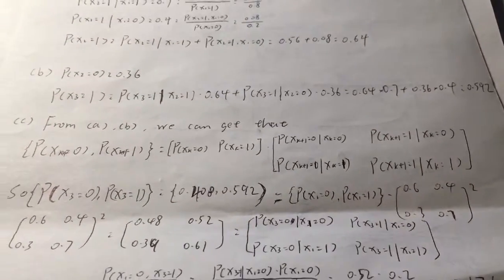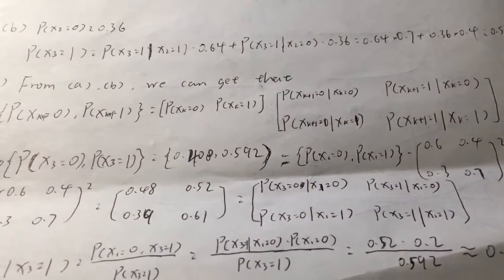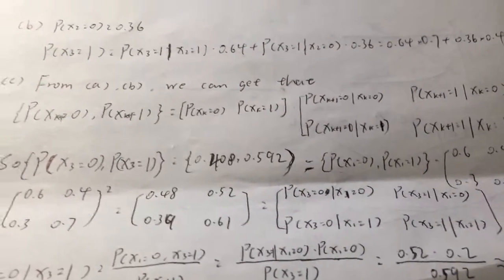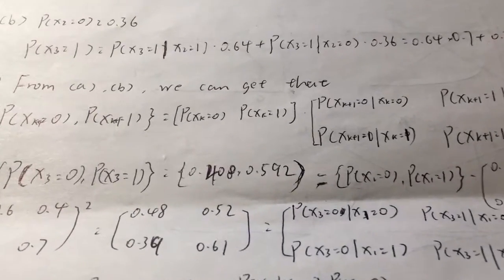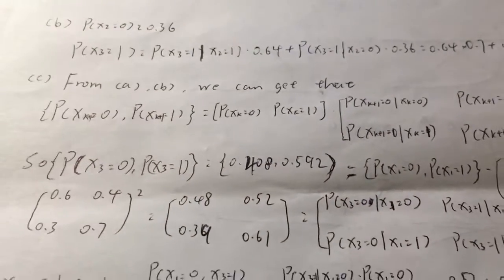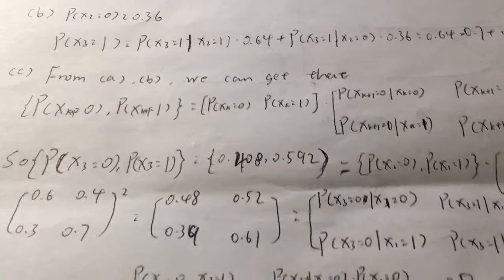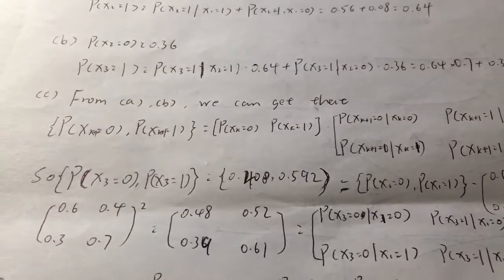So now we enter question 3. Question 3 needs us to calculate the probability that x1 equals 0 given that x3 equals 1. It's a totally different thing.